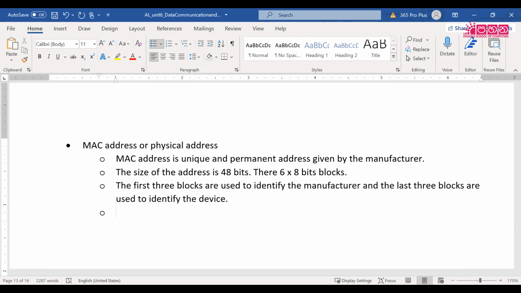So what you need to remember is that it's unique, it's permanent, and the size is 48 bits, meaning six 8-bit blocks, with the first 3 blocks for the manufacturer and the last 3 blocks to identify the device.